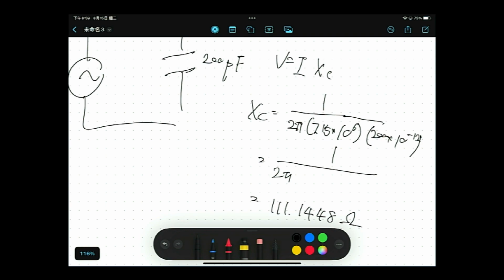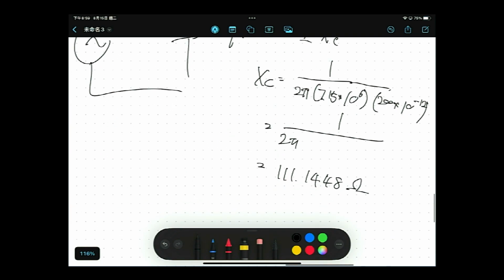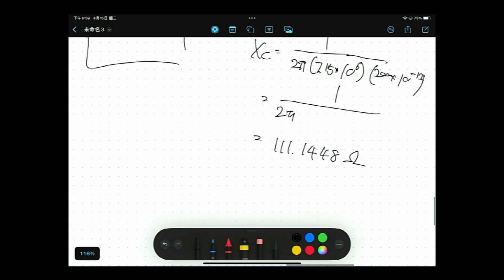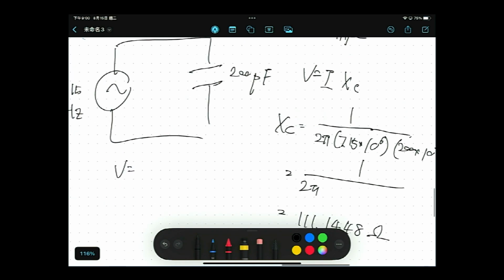Okay, so with some calculations, you know that the capacitive reactance is 111.14. Okay, so again V equals I R, right?